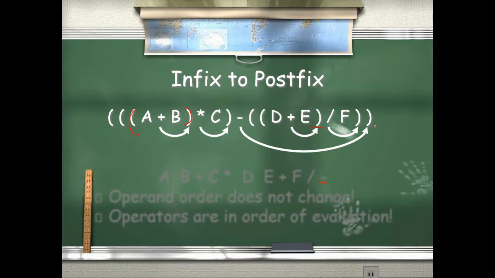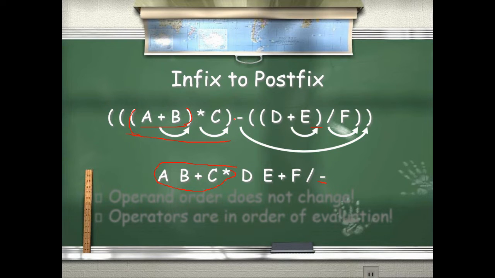If you solve this, first a plus b, which will be ab plus, then you will solve this star c, so it will be ab plus c star. This is the postfix expression for this complete term a plus b star c, where a plus b is in the parentheses.